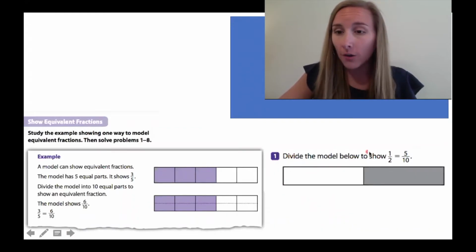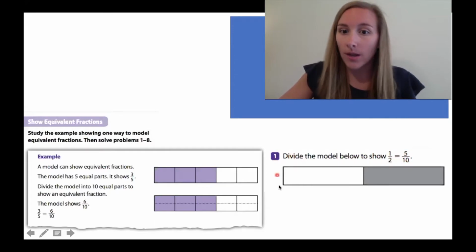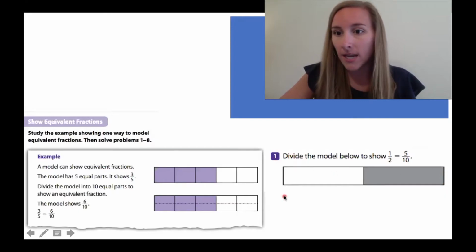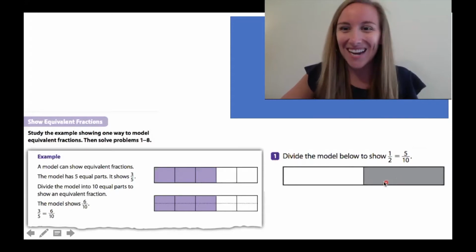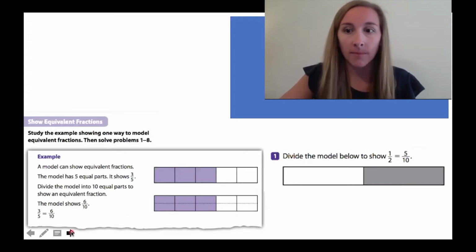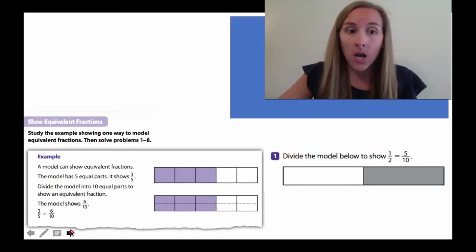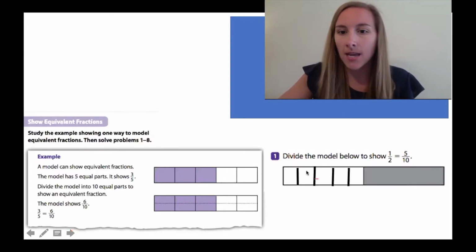Over here on your first problem, it says divide the model to show 1/2 is equal to 5/10. Now, it already has 1/2, or 5/10, shaded in for you, and all you have to do is add your tick marks, divide that to show 5/10. Some of the confusion that I sometimes see is, okay, well, I'm going to divide one side: 1, 2, 3, 4, 5.